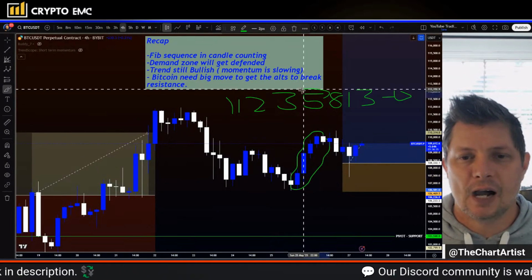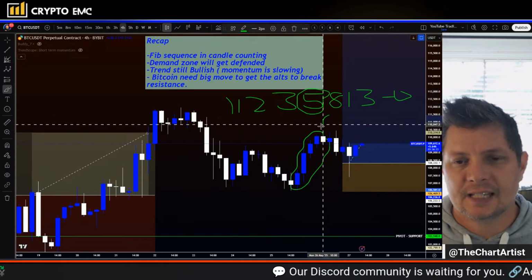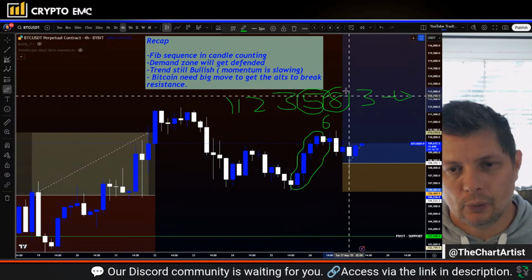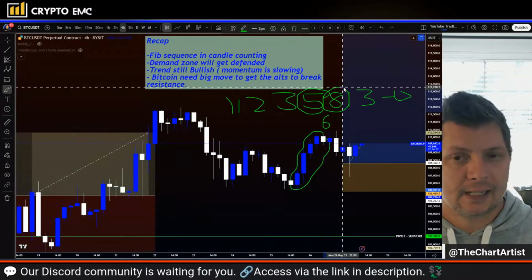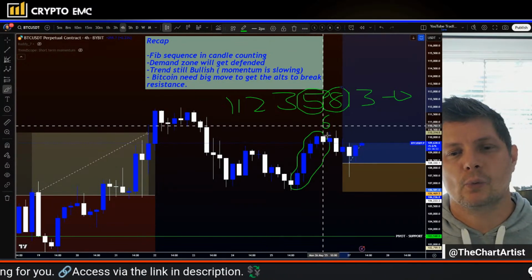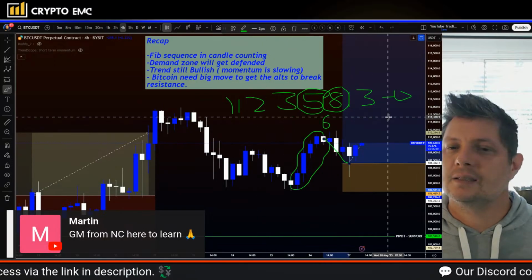We need 5 and then a 6th one. If we can get 6, we'll have 8 candles coming our way, just like we did with the weekly analysis earlier. And we didn't get the 5th one nor the 6th one, so the market retraced. It's as simple as that.